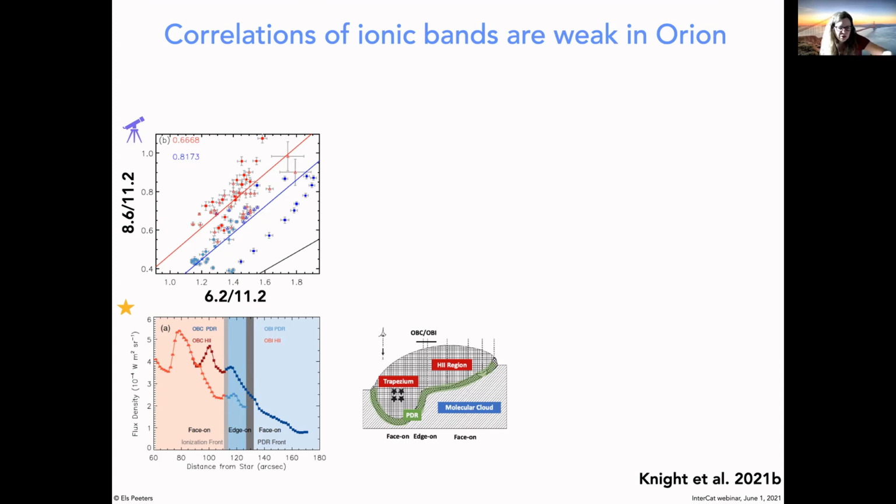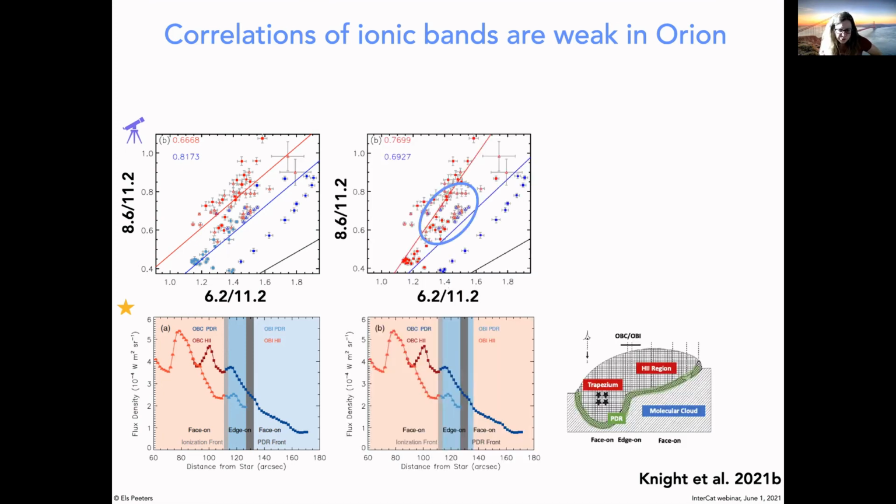And so in this color plot, everything which is basically from the left side of the edge-on PDRs up to the ionization front in the light gray color is colored in red, and everything on the right-hand side is colored in blue. And so you see that they're all mixed with each other, and there's no such thing as a very nice tight correlation.